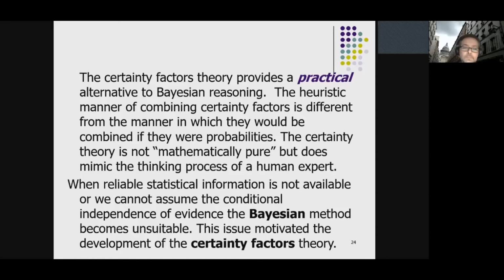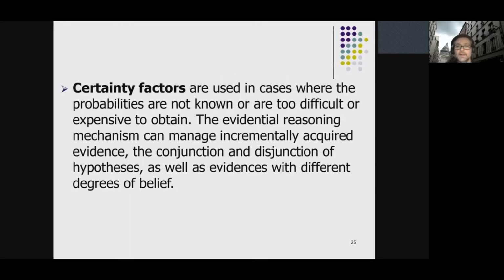Perhaps you have a small data set, or you just have some people who are familiar with this kind of situation, and they can give you their perceptions, their beliefs about the different events and the different actions that you can take. So in these kinds of circumstances, certainty factors theory, although perhaps it's more subjective, since it's based on humans giving you their beliefs, it's an interesting alternative.